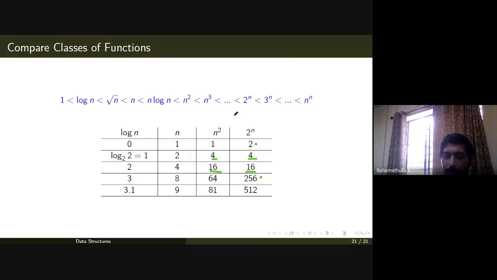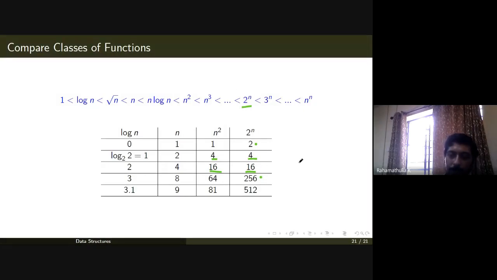Sorry, n raised to 100, that's what I was talking about. Instead of n square you take n raised to 100, then also you can find a particular point where it is less than 2 raised to n. So that's how this graph goes.